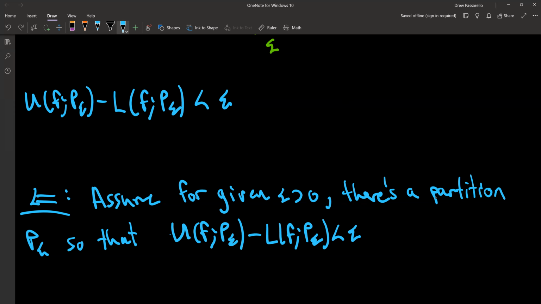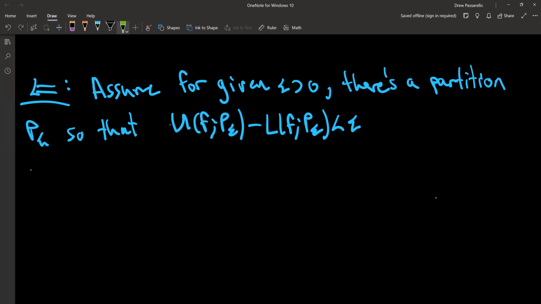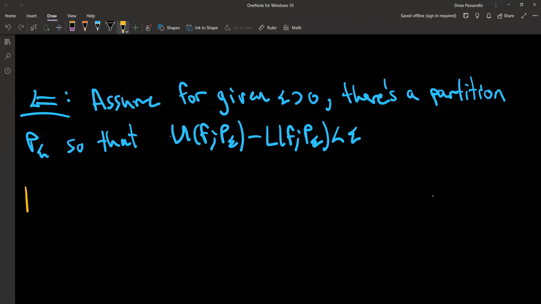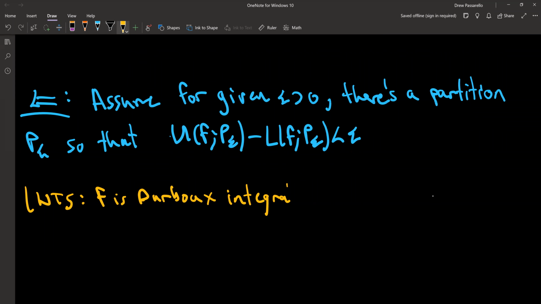All right, and we're trying to show that f is Darboux integrable. In other words, L of f equals U of f. That's what we're trying to show.